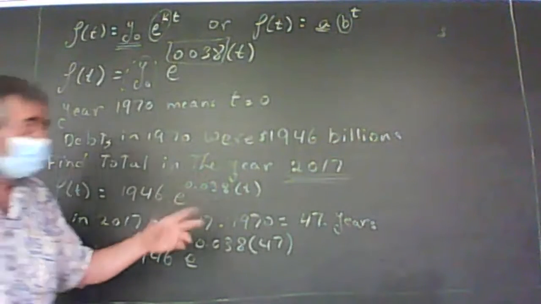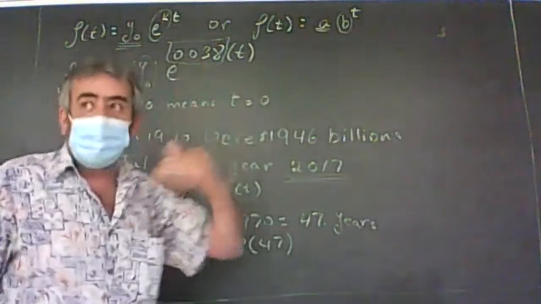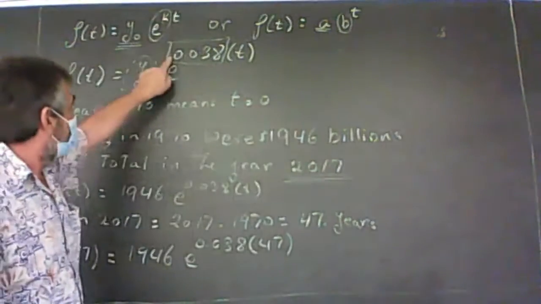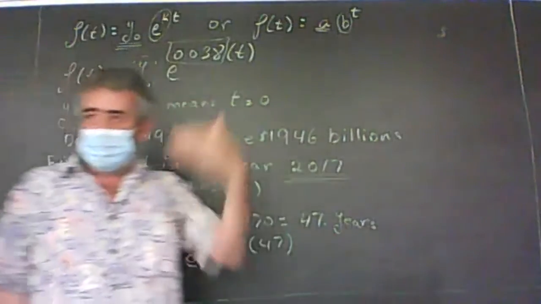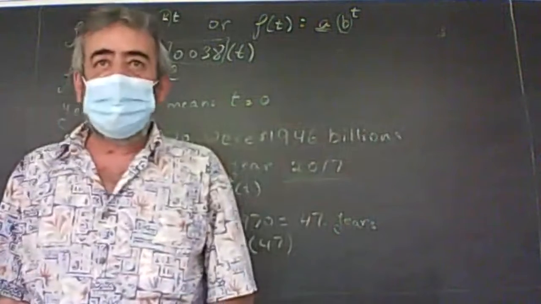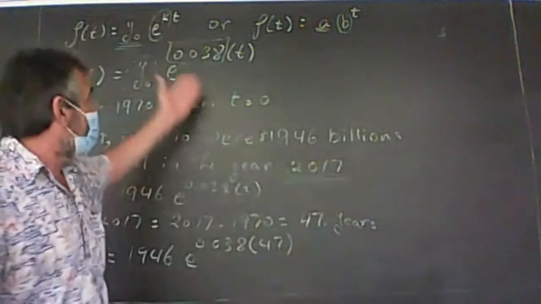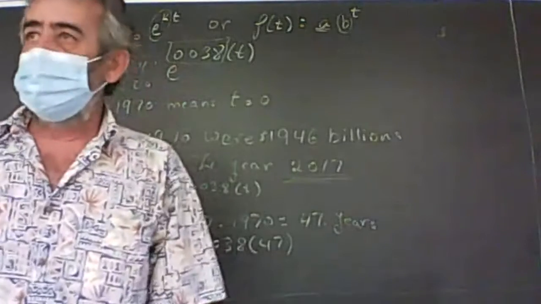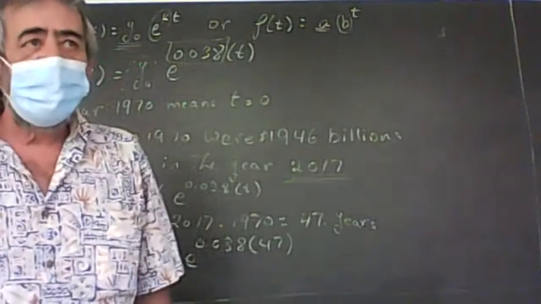Why? Because this is growth. The debt is growing based on the formula given. If this happened to be negative, then yes, I would expect less debt as time goes by. But the formula stated that K is positive, so therefore the debt is going to be growing as time goes by.